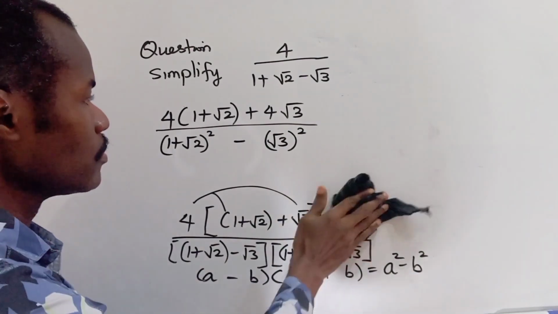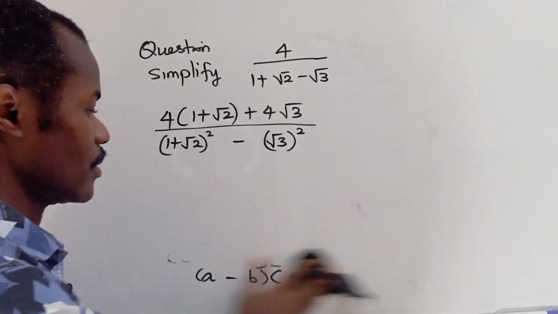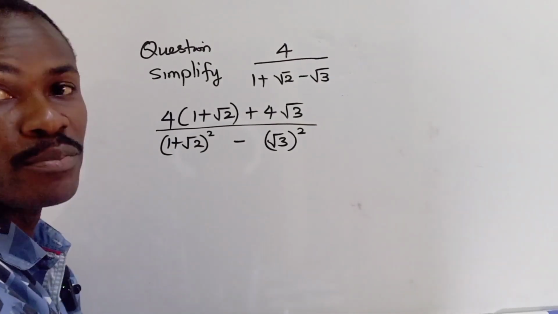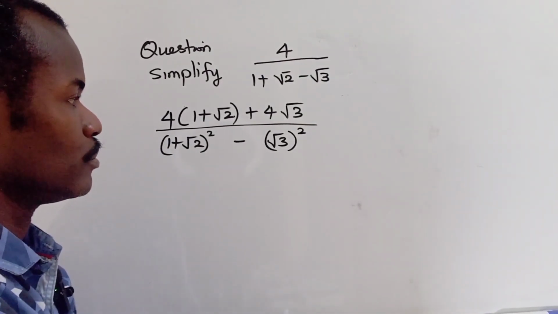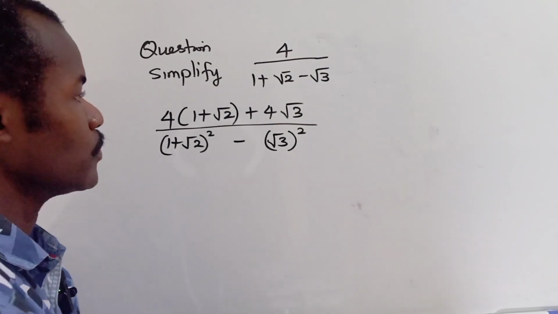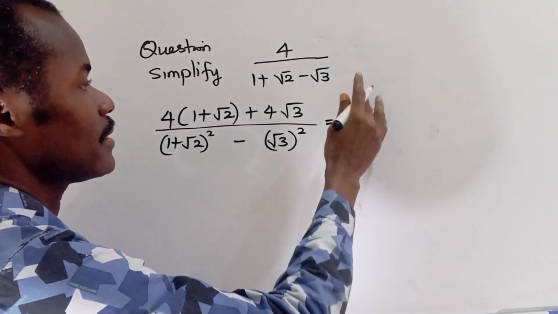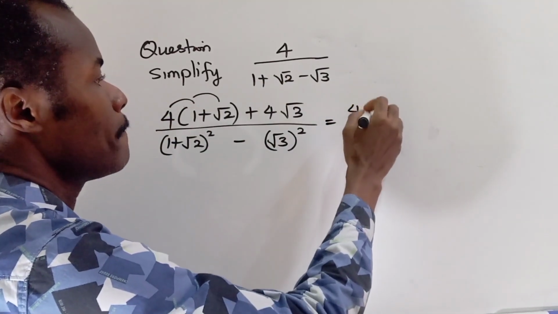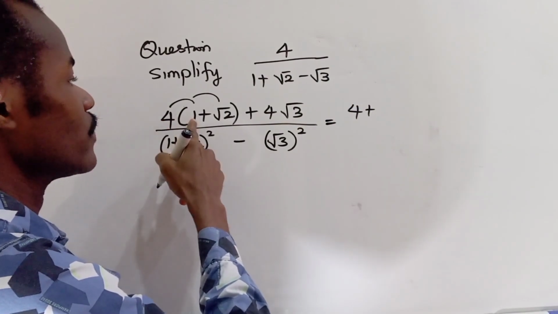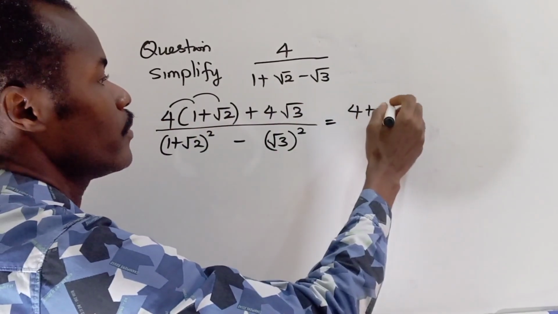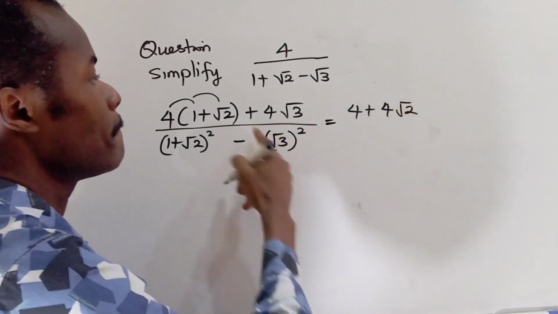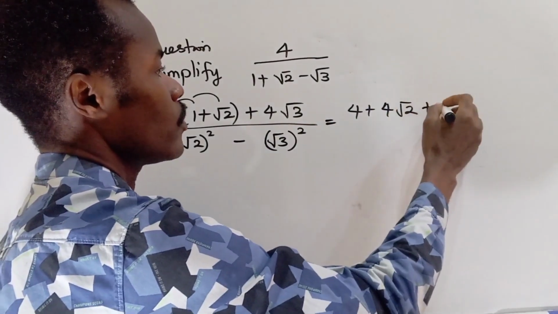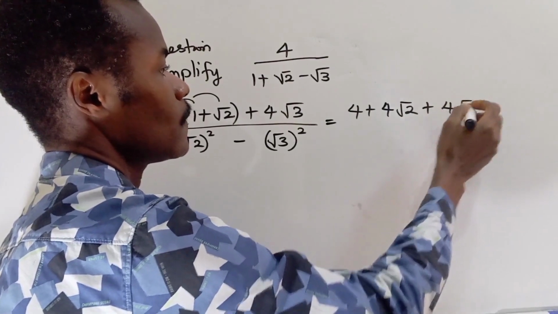Now you can see the problem is becoming even simpler. 4 times 1 is 4, 4 times root 2 is 4 root 2, plus 4 root 3.